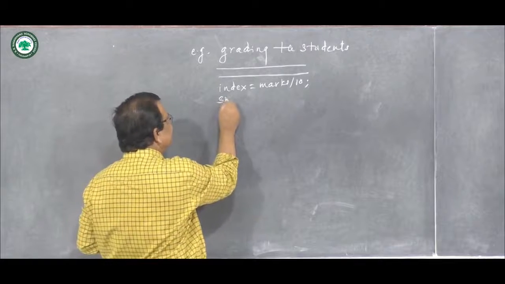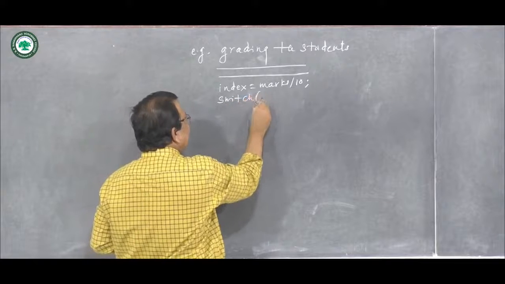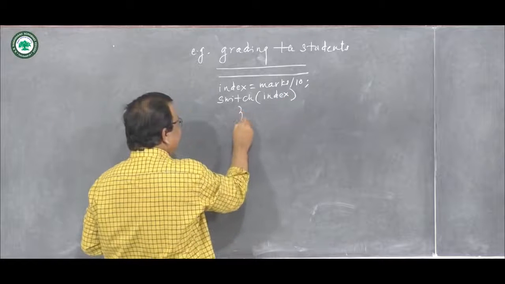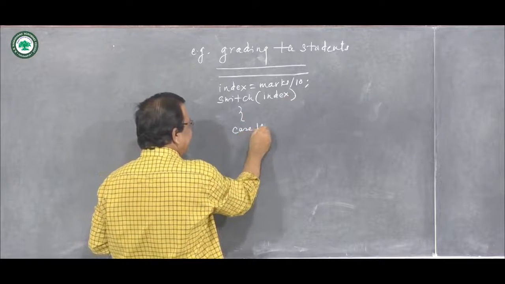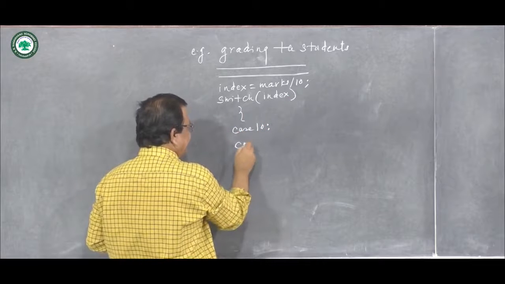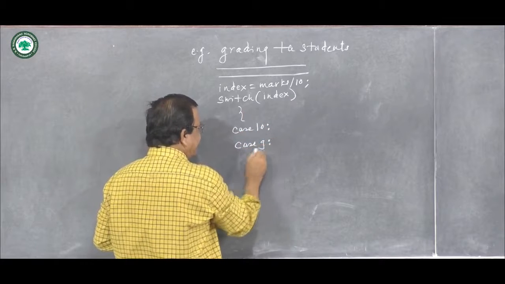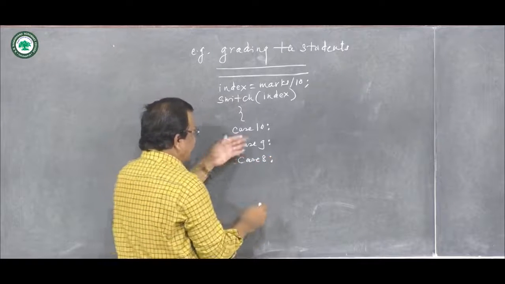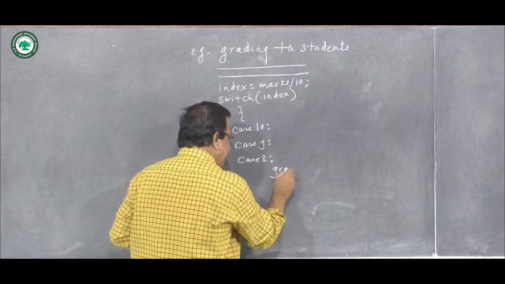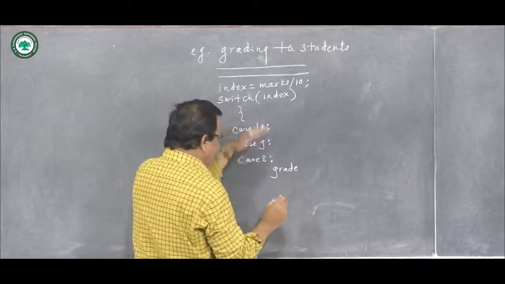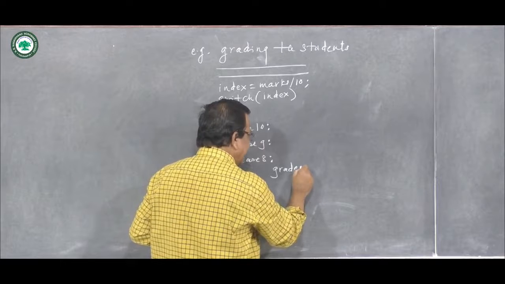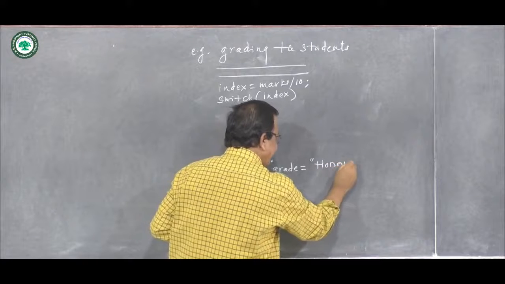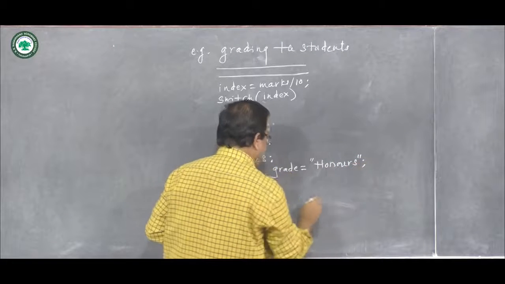Then switch, in parenthesis index, and then we have case 10, case 9, case 8, and here if a student secures marks more than 80, then I am giving grade equal to honors, and then break.